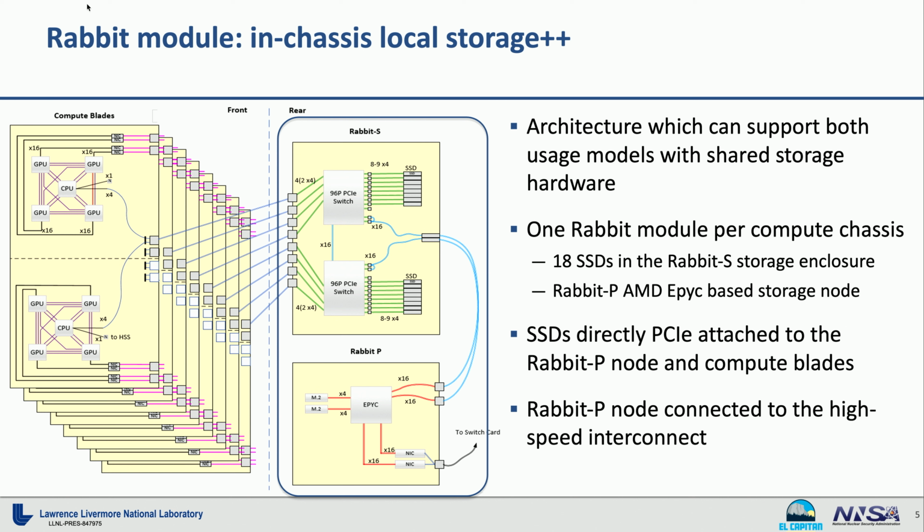There's a module that has SSDs in it and PCIe switches, and the compute nodes in the chassis connect to the SSDs via these PCIe switches. But then the Rabbit also has a processing module, with a CPU and a NIC for the high-speed interface, and that processor is also connected to the storage.